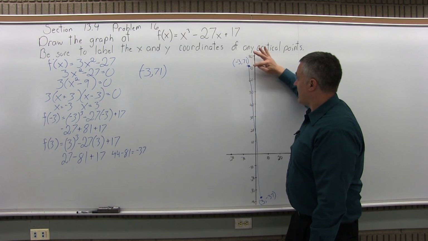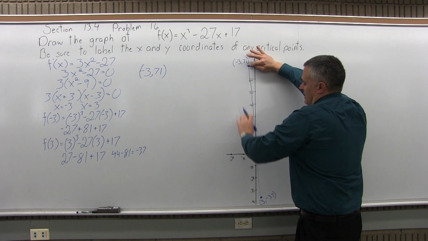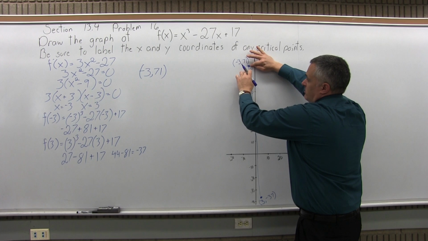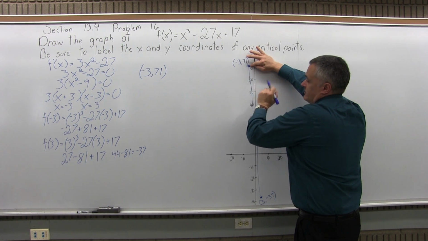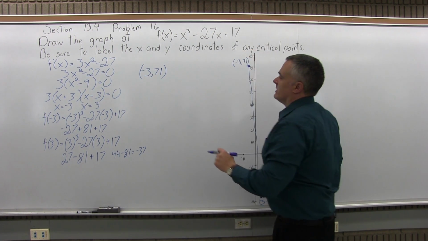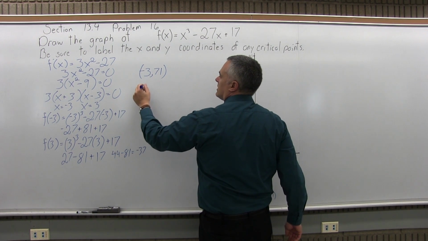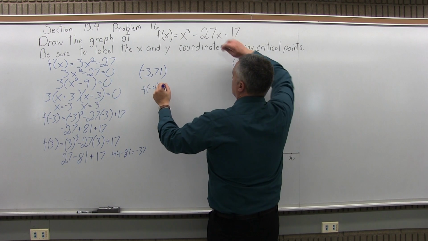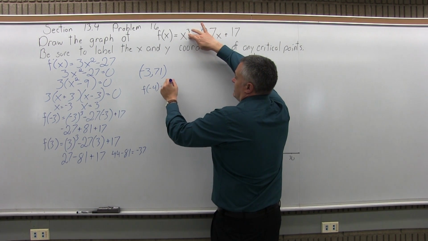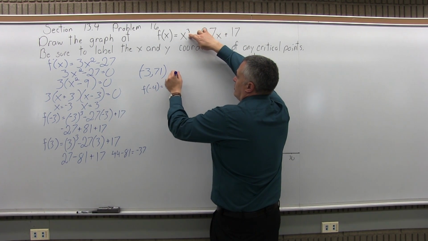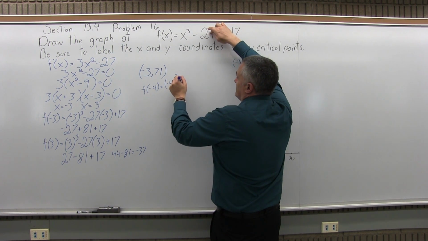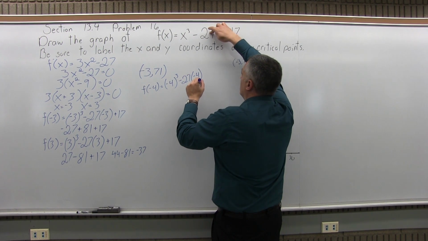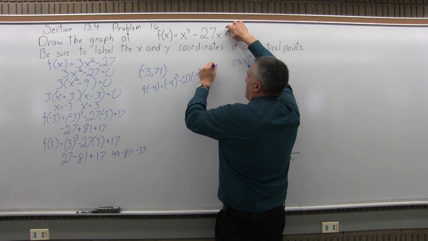So what I'd like to do, I know the height when x is negative 3. Let's find the height when x is negative 4. Is it going to be a little above or a little below my critical point? So do the math and see what we get. So f of negative 4 equals negative 4 cubed, minus 27 times negative 4, and then plus 17.